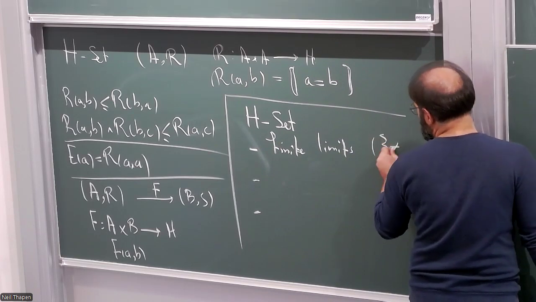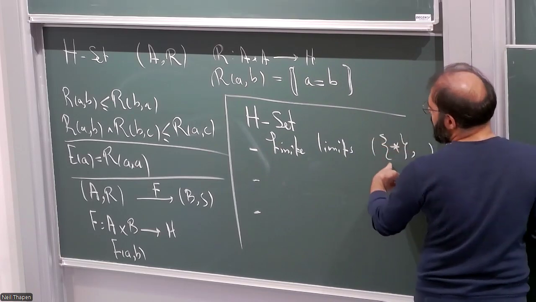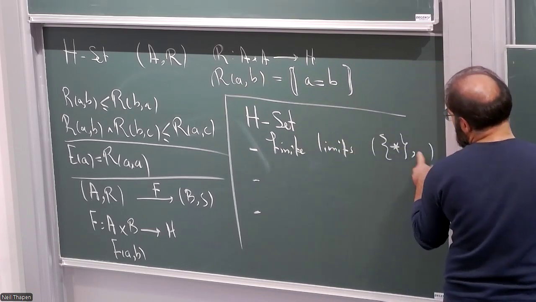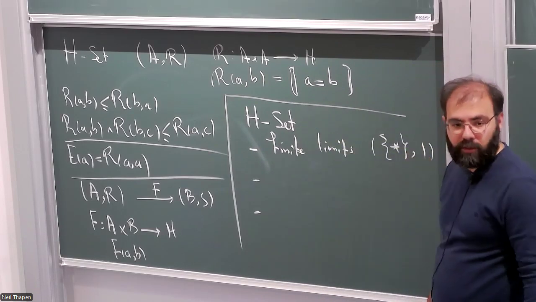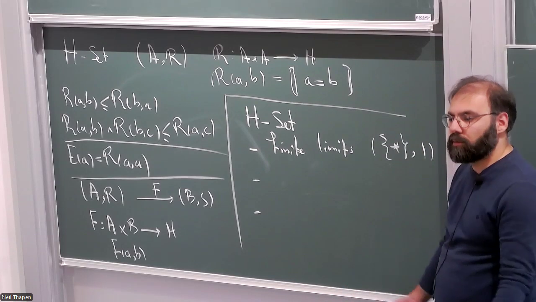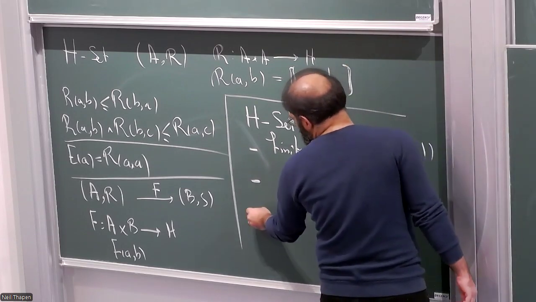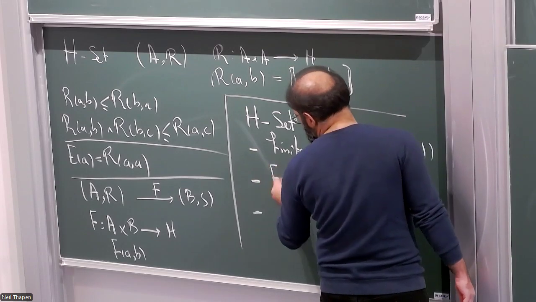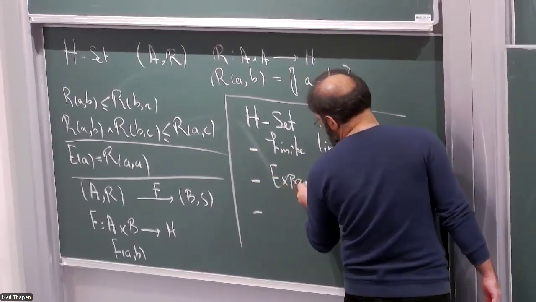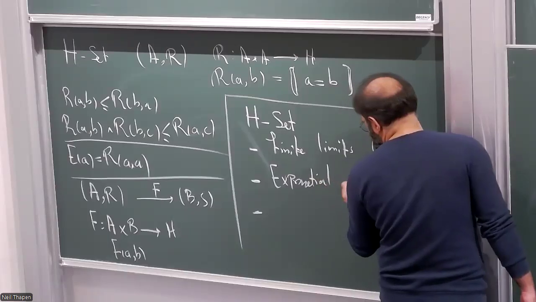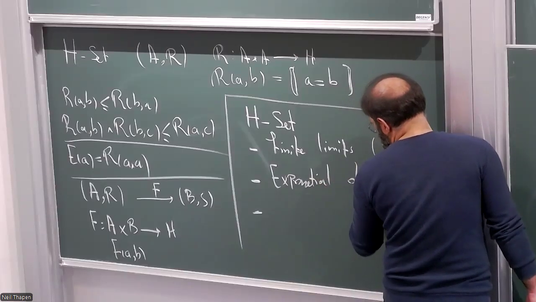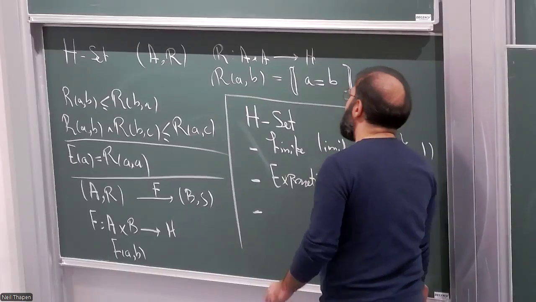The terminal would be just a singleton as the usual terminal in Set. And here you define it as constant 1, so star equals star, really. And we had exponential objects that I don't recall, but that doesn't matter for now.